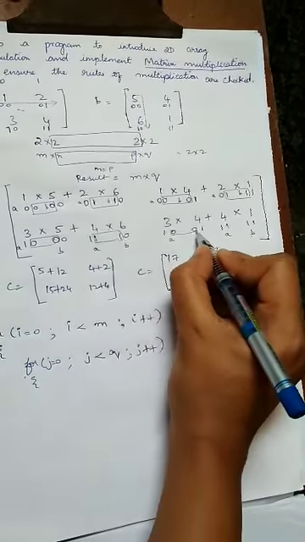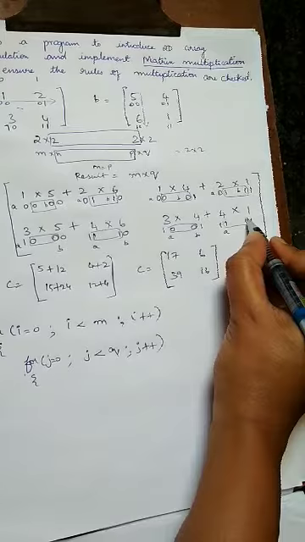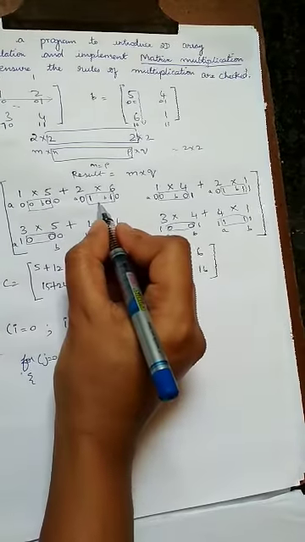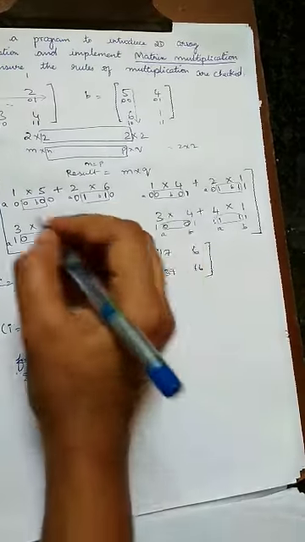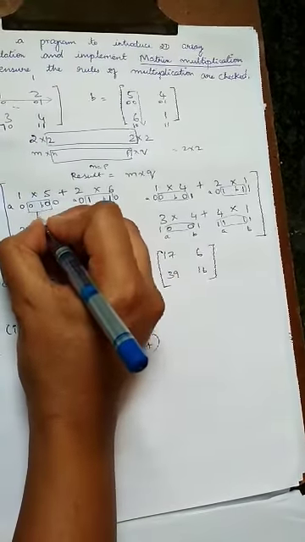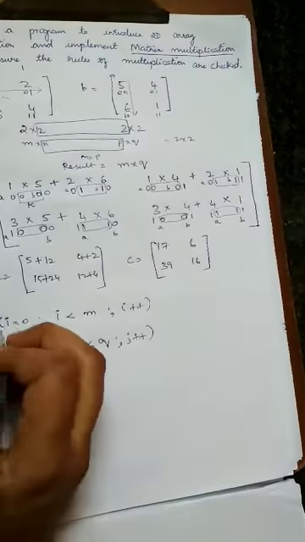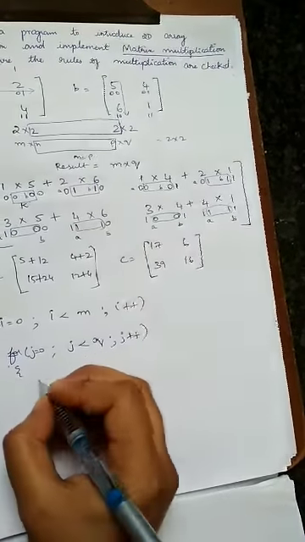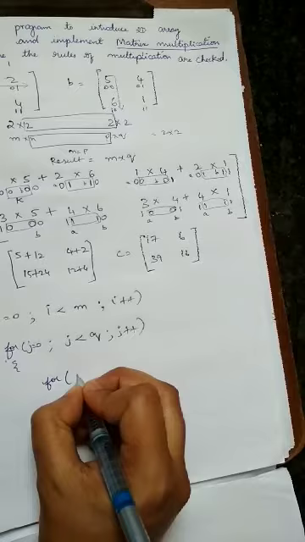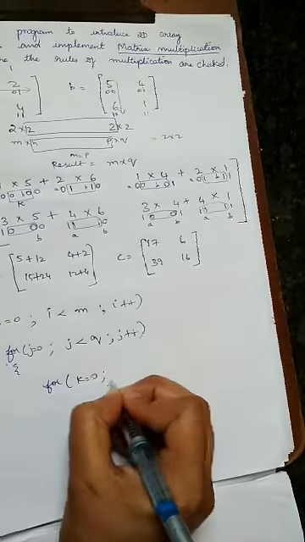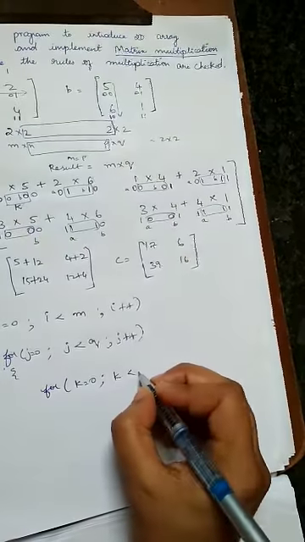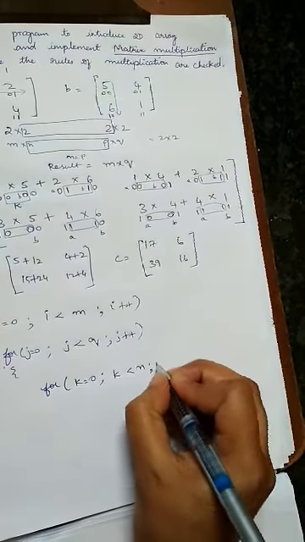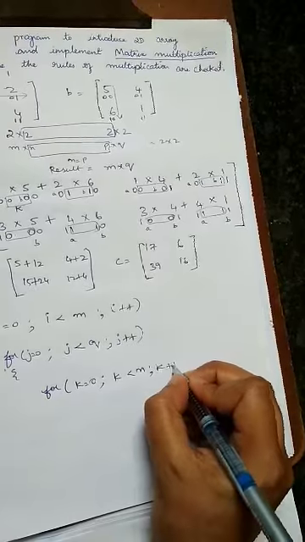Always 0 is changing to 1, 0 is changing to 1, 0 is changing to 1, 0 is changing to 1. So in common I can have one more index called k. I can keep k as my innermost for loop. I can initialize it to 0 until k is less than, it can be n or p, either n or p I can write. Then k plus plus.